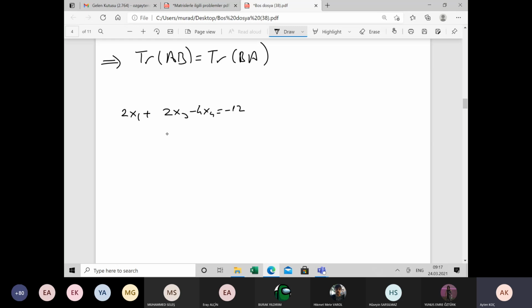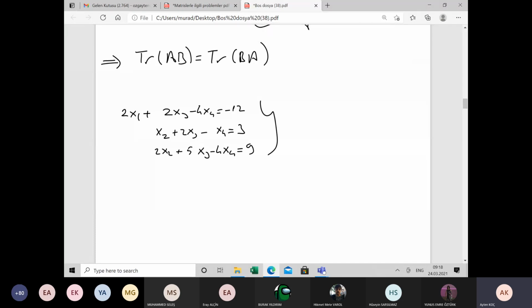The second equation: x2 plus 2x3 minus x4 equals 3. The last equation: 2x2 plus 5x3 minus 4x4 equals 9. Solve this system. What can you say about its solution?